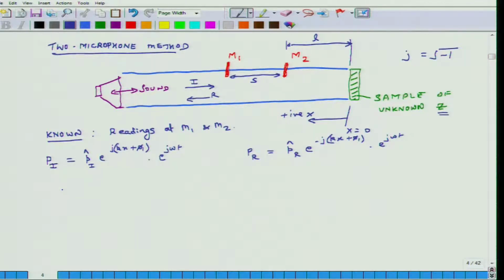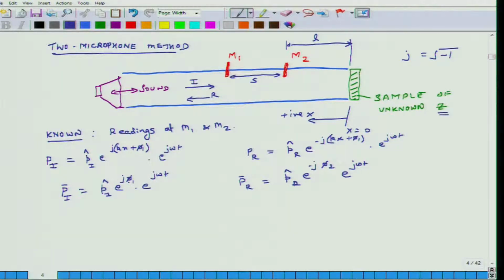What I define as Pi bar is nothing but Pi hat e to the power of j phi1 times e to the power of j omega t, and similarly Pr bar is equal to Pr hat e to the power of j phi2 times e to the power of j omega t.